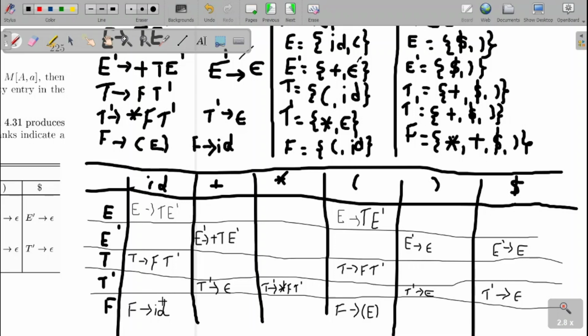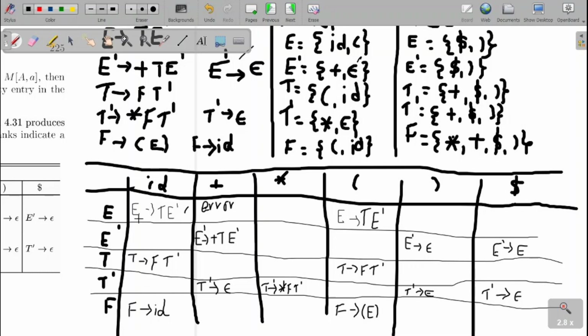First, let us learn to write the table. Once we are familiar with writing the table, then writing the error routine is important. The blank indicates error in the parsing. You have to remember this. The grammar is said to be in LL(1) if you have a single entry like this.